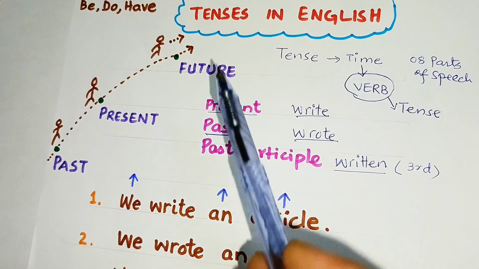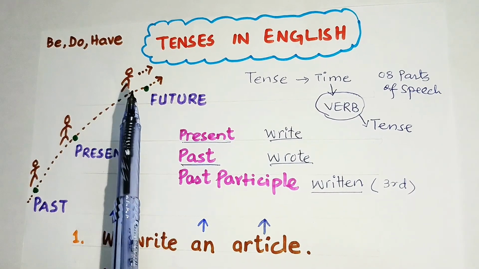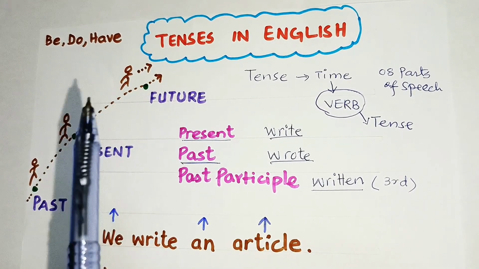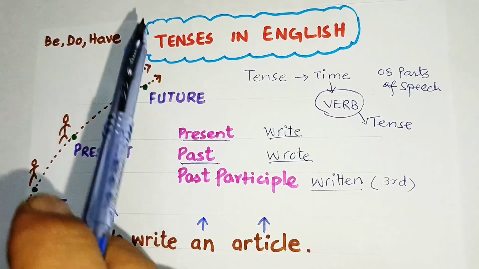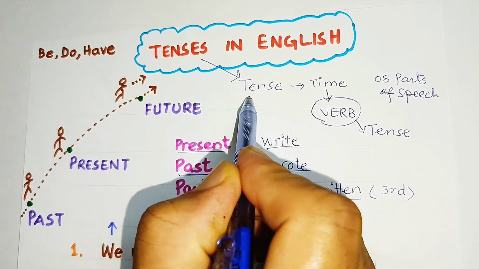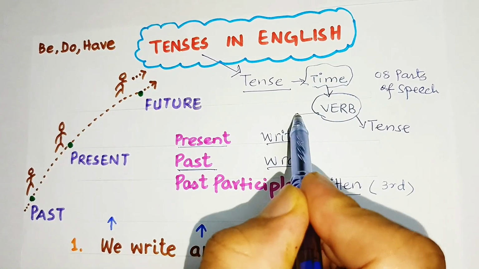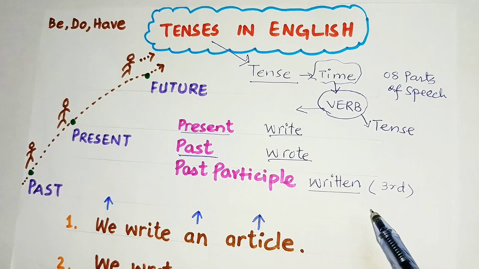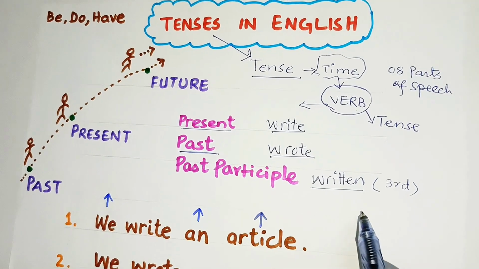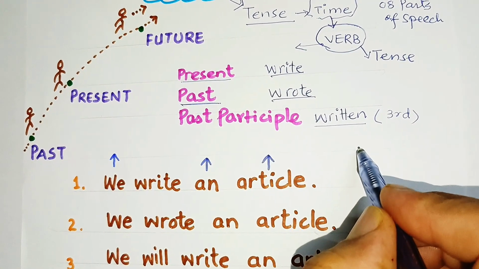So from this short discussion we can understand that tenses in English are very easy to understand once we know the sense. Tense means time, and time is known from the verb. Now we have got two sorts of verbs. Number one is the main verb, the other one is the helping verb.